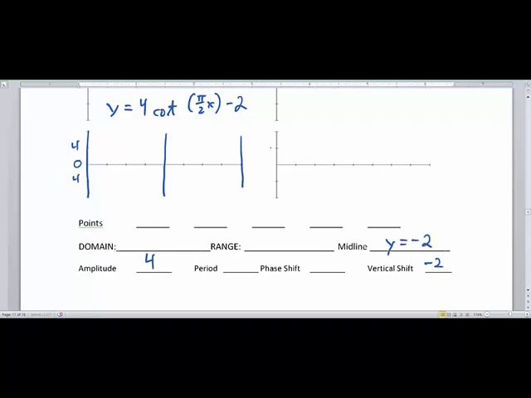Alright, so I'm going to have that as my change here as I finish up the problem before I get to my points. But let's also now work on this period here. Now the period, if you remember the period adjustment we made in the previous problem, it was 2 pi divided by the absolute value of b. But for tangent and cotangent, it's going to be pi divided by the absolute value of b. So with pi divided by the absolute value of b, I'm going to go pi divided by pi over 2.